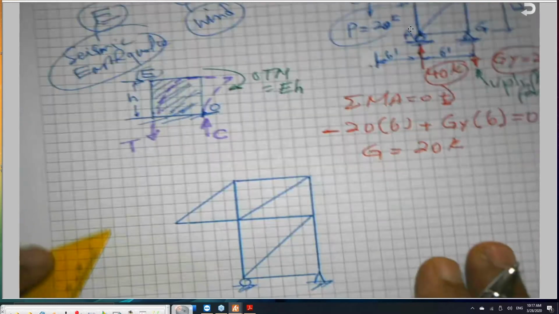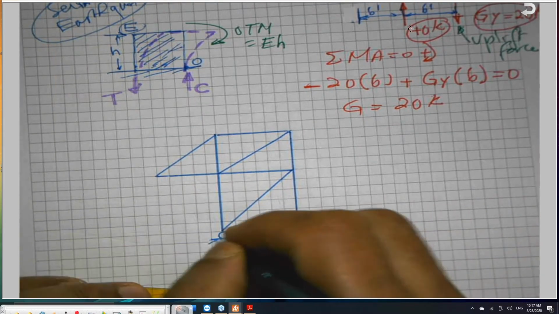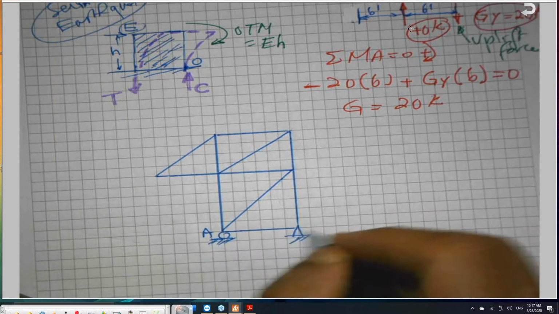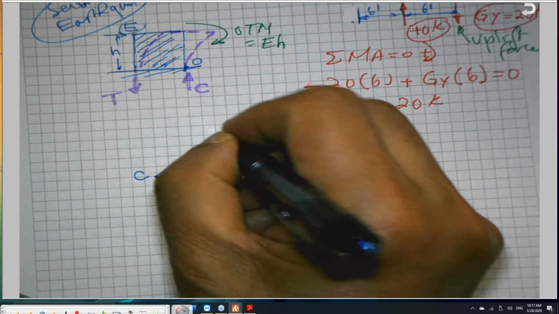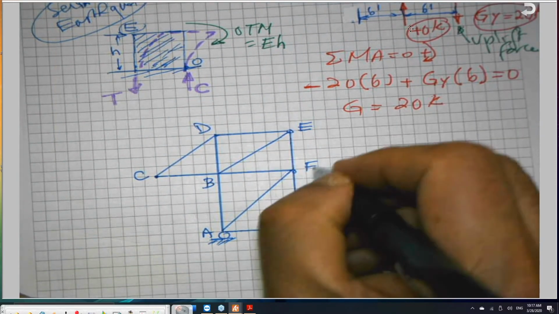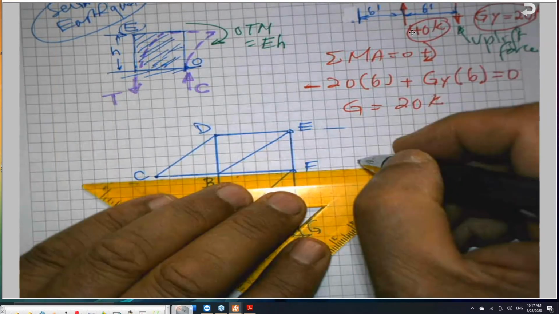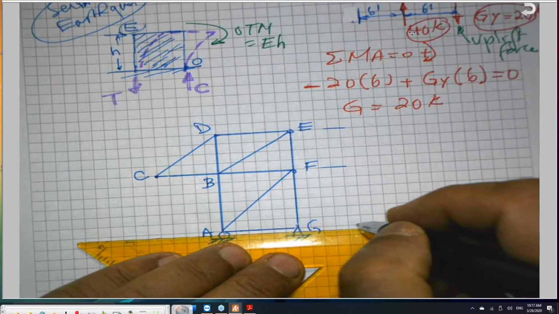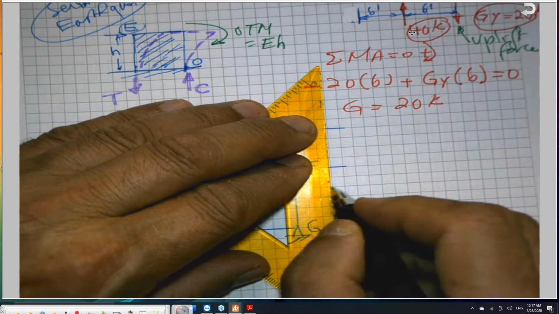The same hypothetical problem I came up with. If you look at this problem here, this will lead us to the second question about trusses.